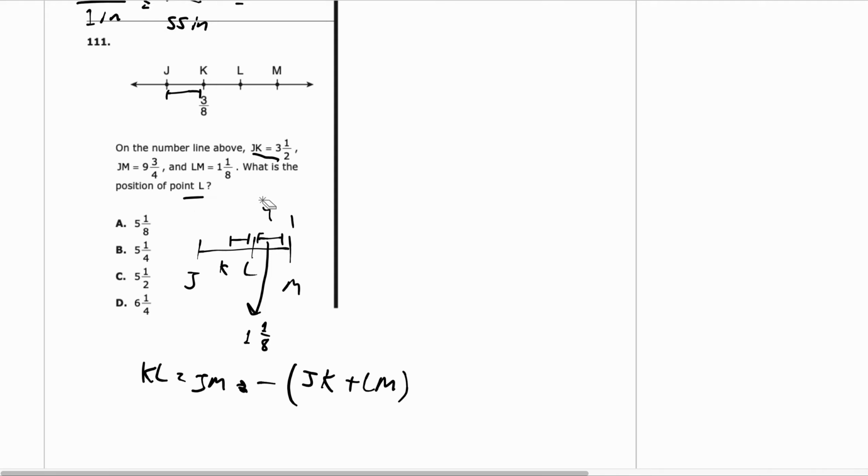So let me simplify this a little bit. We know the length of JM, JK, and LM. To find the length of KL, we take the length of JM and subtract out the length of JK plus the length of LM. So now we just start substituting values. JM is going to be 9 3/4. And then minus JK, which is 3 1/2.